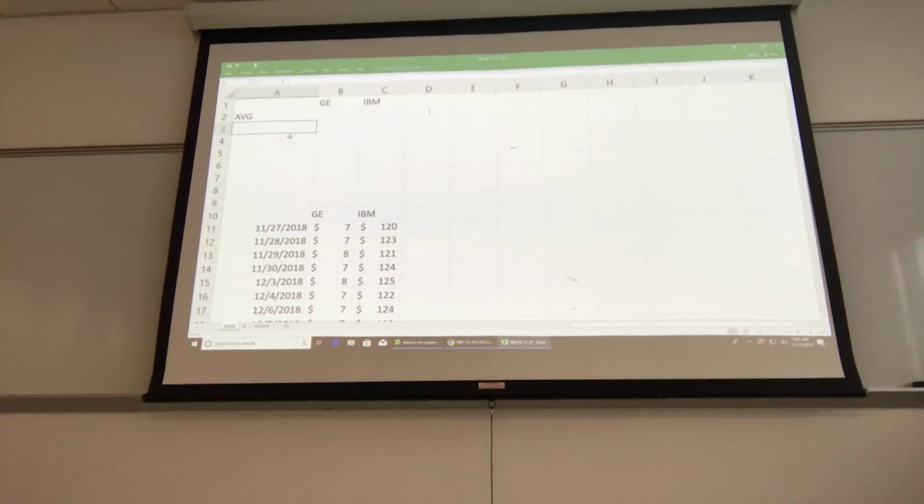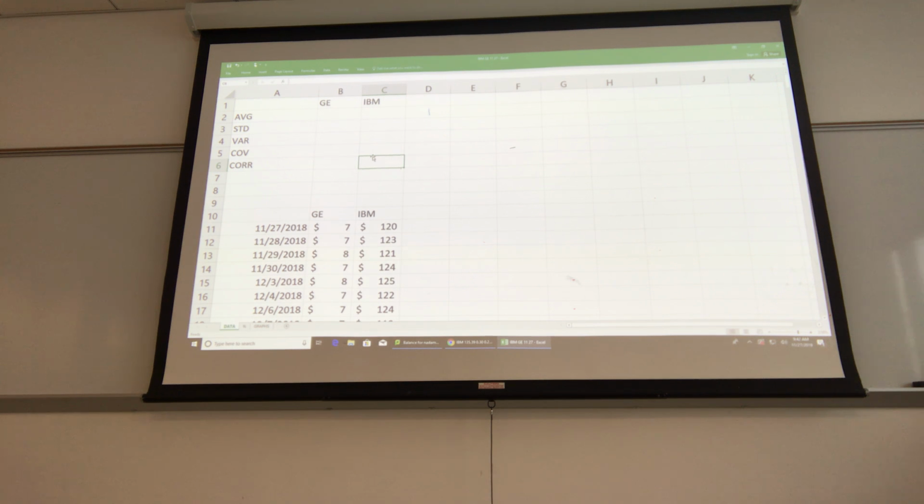And I want to find what is the standard deviation. And I want to find a few other things, like what is the variance, what is the covariance, and what is the correlation.